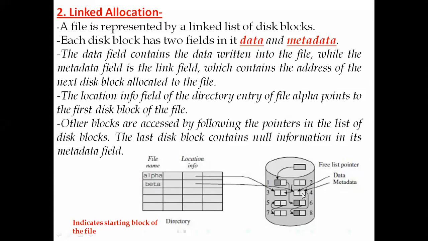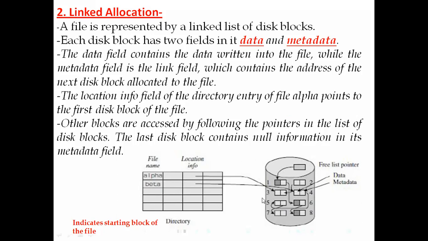And the second field of disk block 4 is pointing to which disk block? Disk block 7. And as you can see, the metadata field of disk block 7 is not pointing to any other disk block. So that indicates that is the end of this file beta.